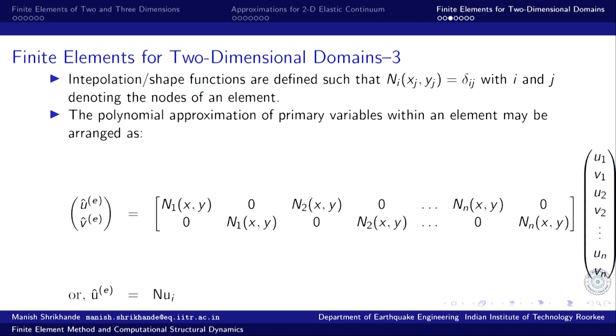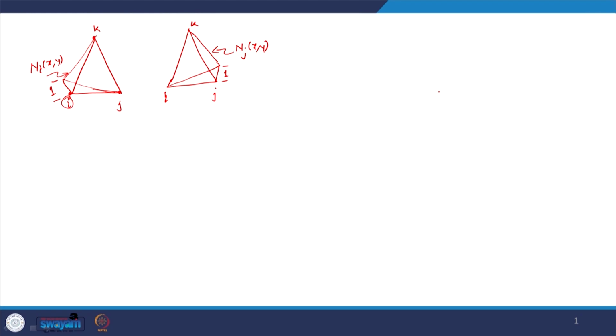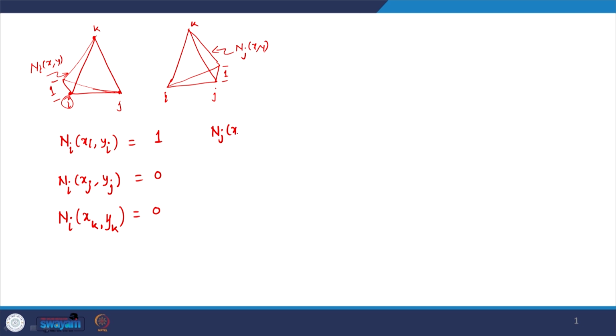Now, we can see that for the triangular element, as we saw, n I at x I y I is equal to 1, n I at x j y j is equal to 0, and n I at x k and y k is equal to 0. These are the three conditions. Similarly, for n j, I can write three conditions.